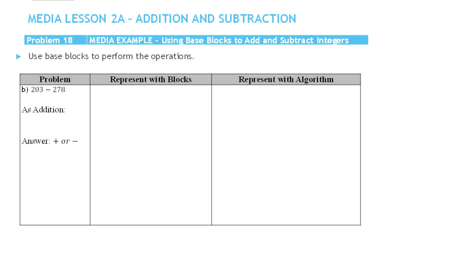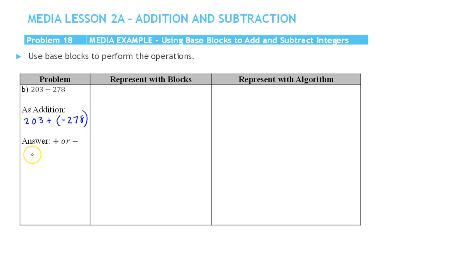Now, since this is a subtraction problem, we're going to start by rewriting it as an addition problem and then think about our rules for adding integers. As addition, this would be 203 plus negative 278. Now we have to think of the sign of the answer. When we're adding a positive and a negative, the answer could be positive or negative depending on the absolute values of the numbers.